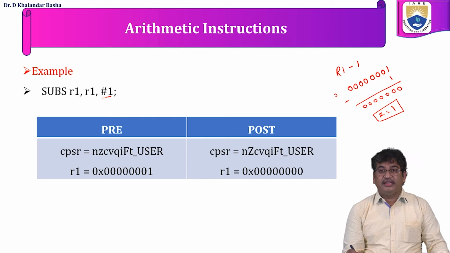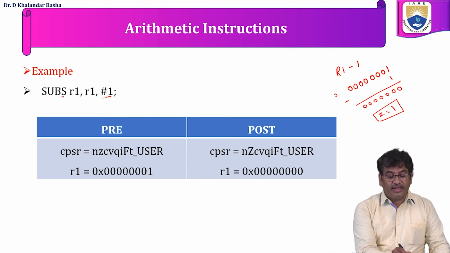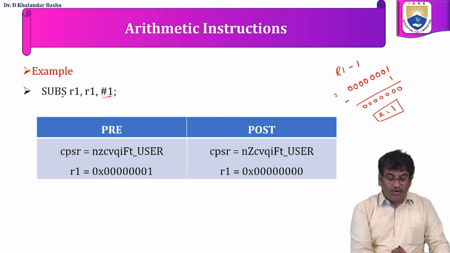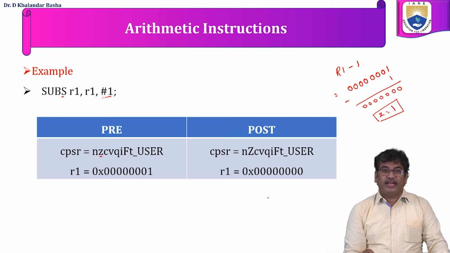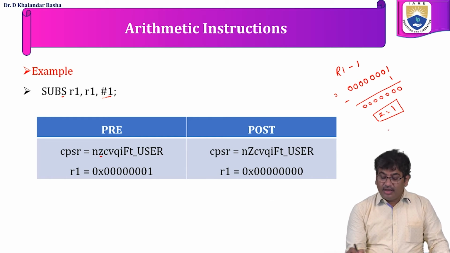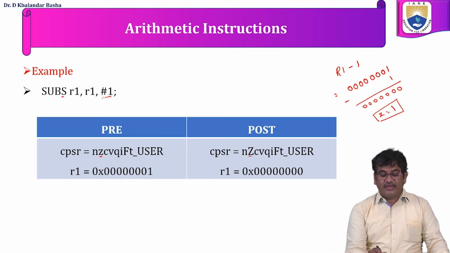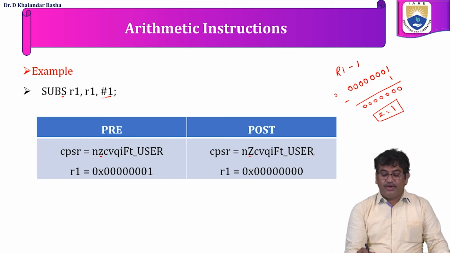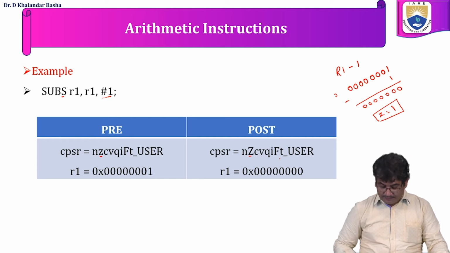So it will update the zero flag as it is given a suffix S. Before execution of this instruction, the zero flag is lowercase z, indicating it is reset. Because the result is 0, the zero flag will be 1, which we represent as capital Z in CPSR. If S is not there, the CPSR updation will not take place.